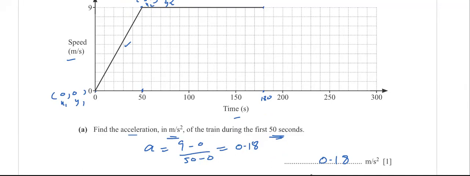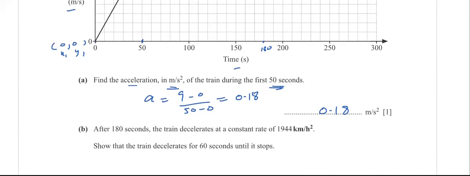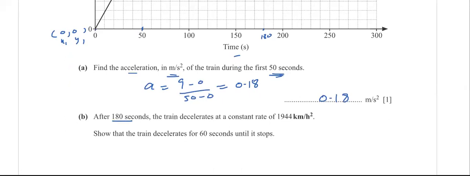Now, part B is: after 180 seconds, the train decelerates at a constant rate of 1944 kilometer per hour square. Show that the train decelerates for 60 seconds until it stops. Now, the acceleration is given.